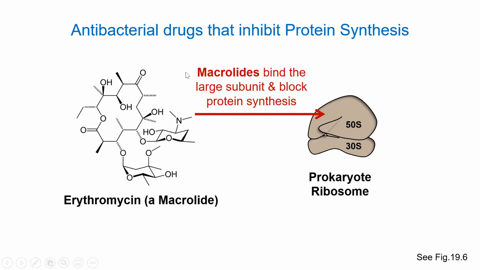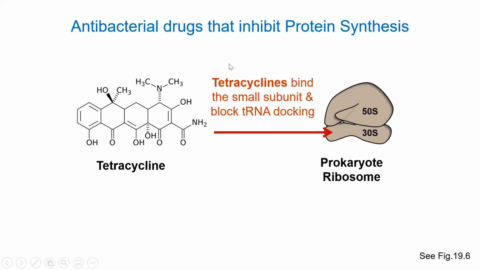Like I said, there's a whole bunch of these drugs that bind ribosomes in different ways and lots of interesting chemical structures. Here's another one, tetracycline, also a really commonly prescribed antibiotic. And you can see it is binding the other part of the ribosome. It's binding this small subunit. And tetracycline tends to be a very potent antibiotic. And sometimes it's prescribed after something doesn't work.